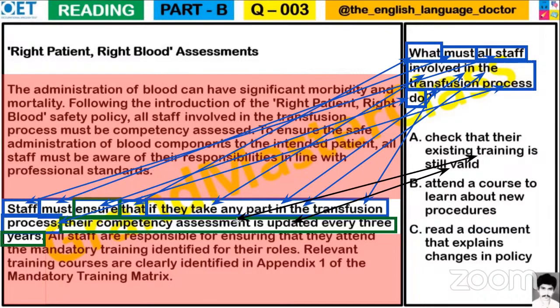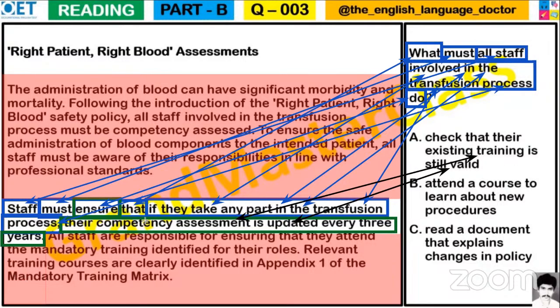After training, there will be testing. If you are successful, you are competent. If you are not successful, you are incompetent. Then your license will not be updated. It will become invalid. So you have to read between the lines.